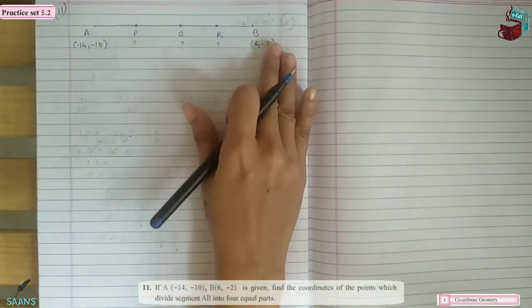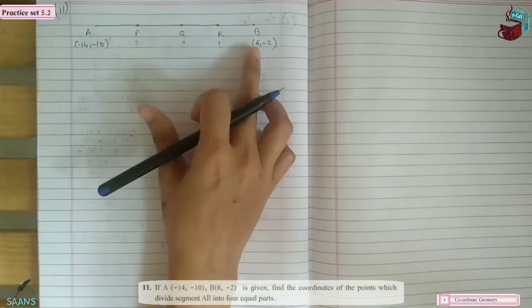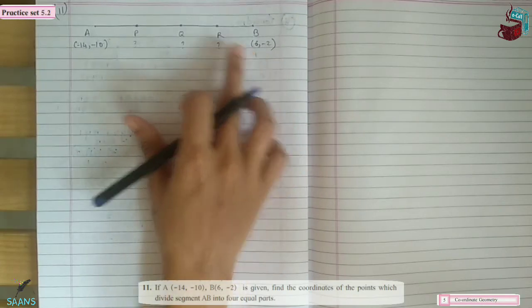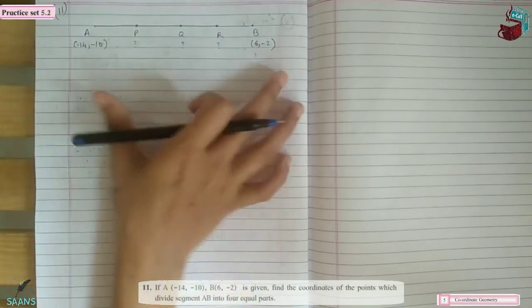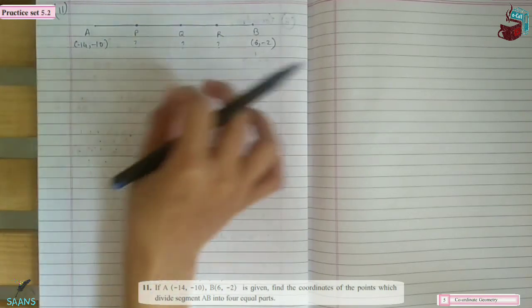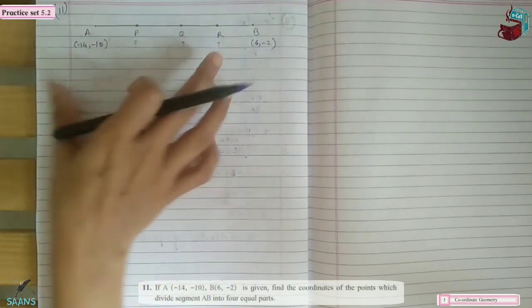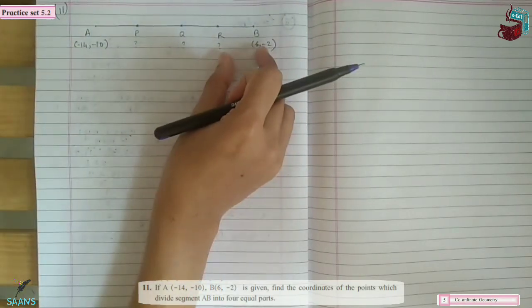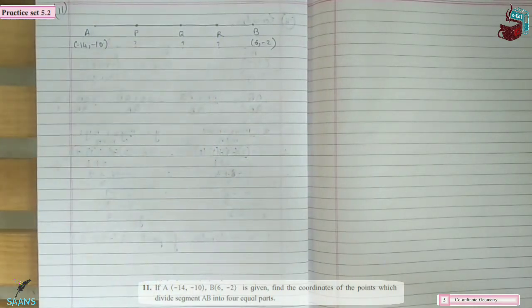You have to find all. So first we'll take AP upon PB to find P. Then we'll take AQ upon QB. This becomes your midpoint. And for R we'll take AR upon RB. Okay? Let's see.